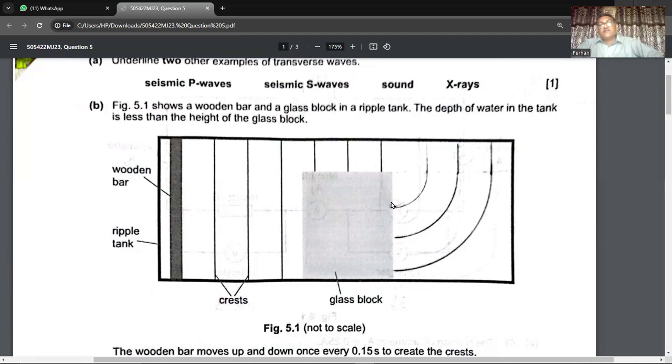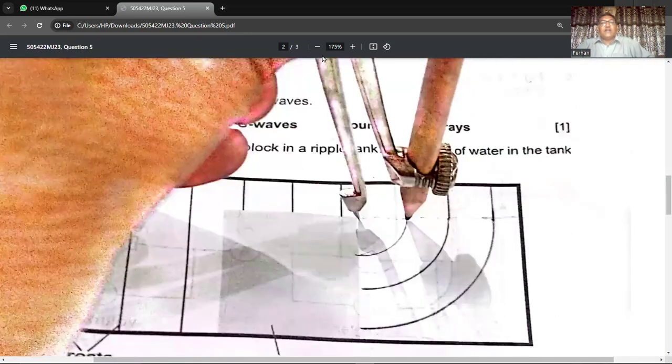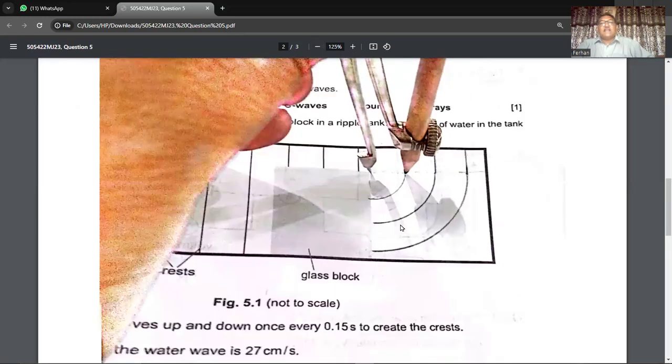I have drawn quadrants. This is the basic thing which I wanted to show you, and let me show you how I have drawn them. If you look at this diagram, you can see that I have taken my compass. I have opened this compass equal to the wavelength. I put the needle of the compass at this edge of this barrier, and I have drawn the quadrants here.